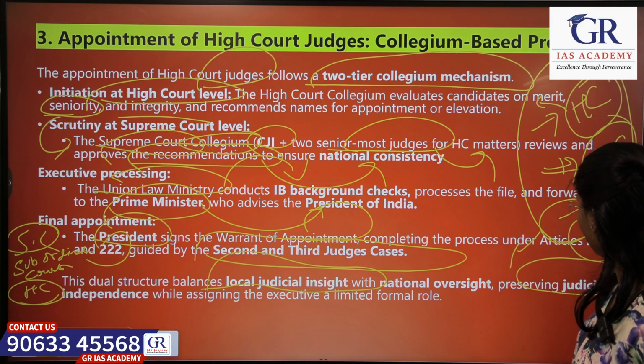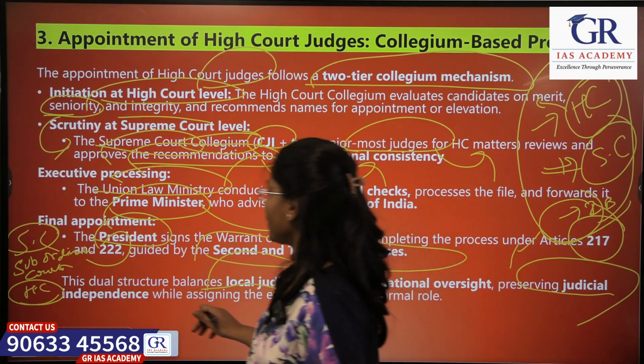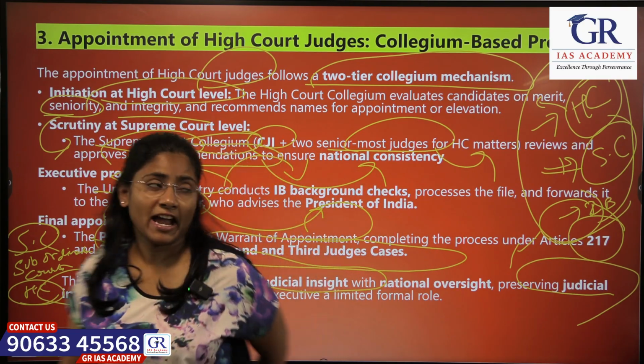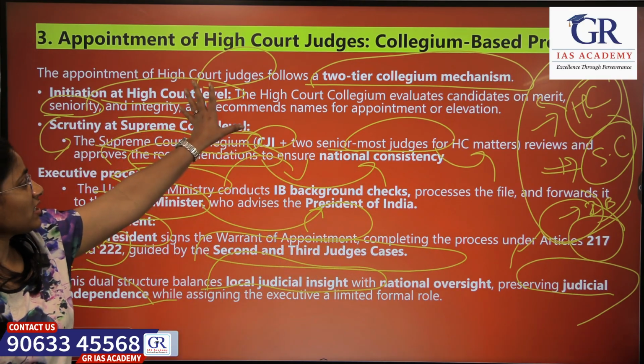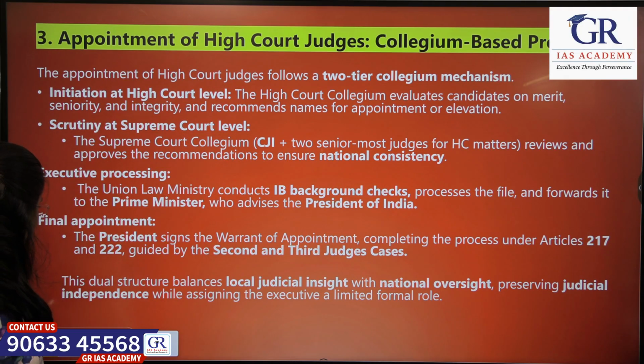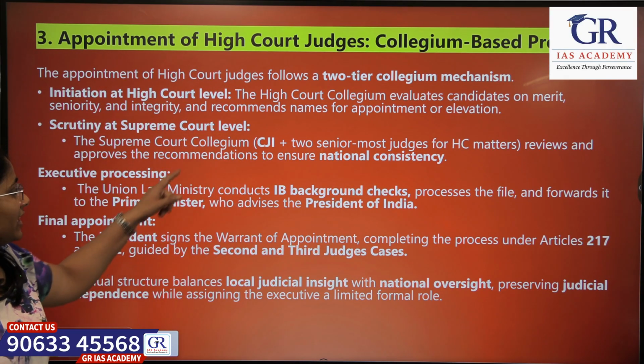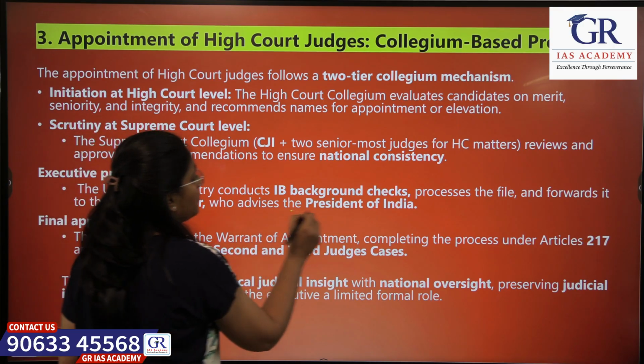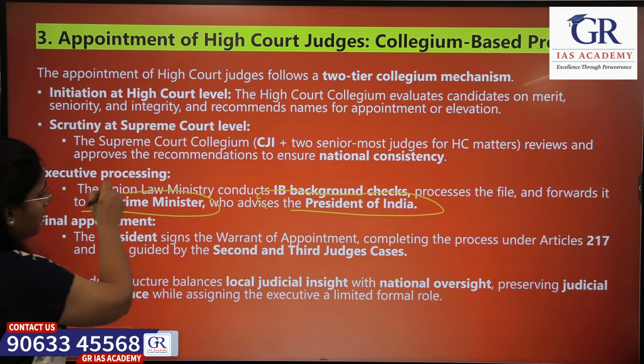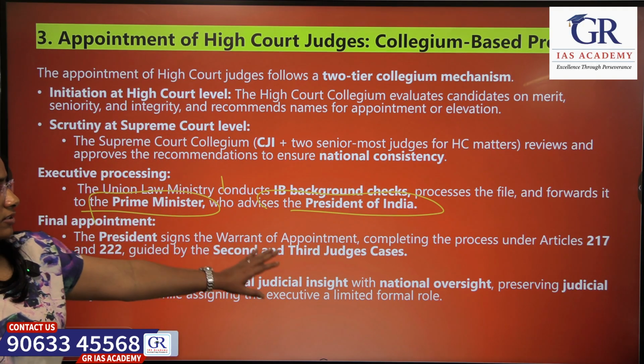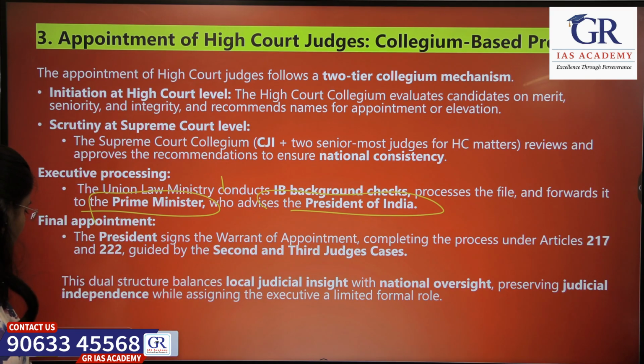This gives independence to the judiciary, and the executive does only an IB check, which is a formal role, and then advises the President of India, with the Prime Minister, who sign the appointment letters.